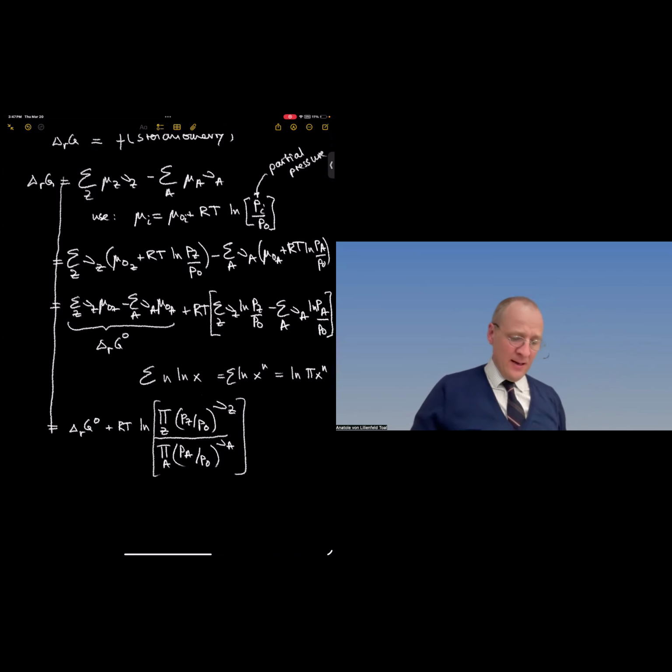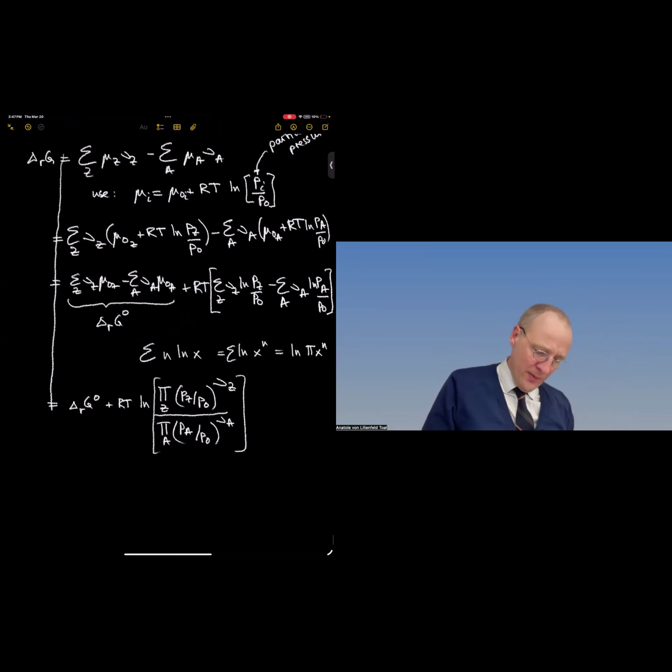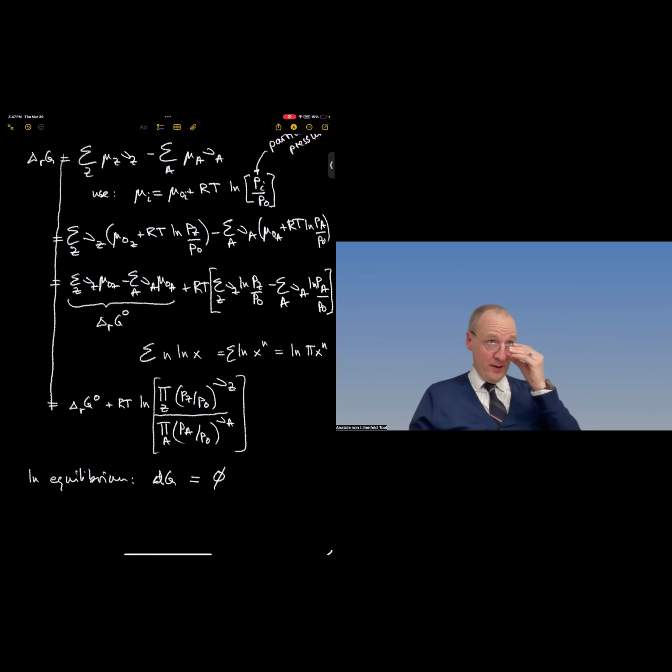Now, how do we get to the equation we were originally looking for? Well, we say in the equilibrium, dG must be 0, right?